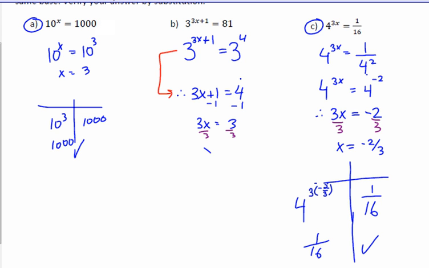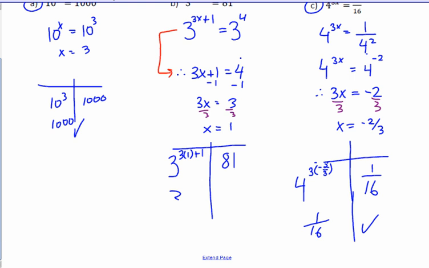X equals 1. Okay, so check: 3 to the power of 3 times 1 plus 1 has to equal 81. What's 3 times 1 plus 1? 4. So 3 to the 4 is 81.